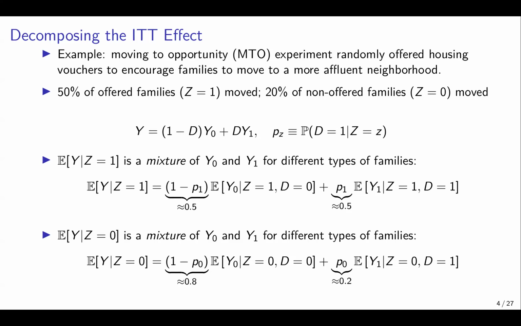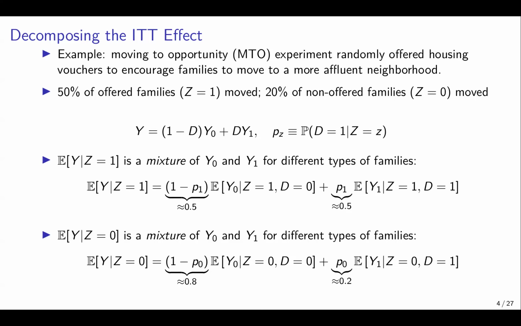So the expectation of y0 when z is 1 and d is 0, what is that? Well, that is the average potential outcome when you're not treated for the sort of family who, when you offer them the voucher, so you give them the opportunity to move to another neighborhood, they don't take it.